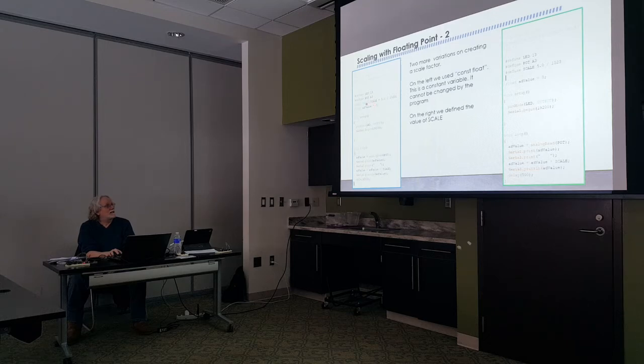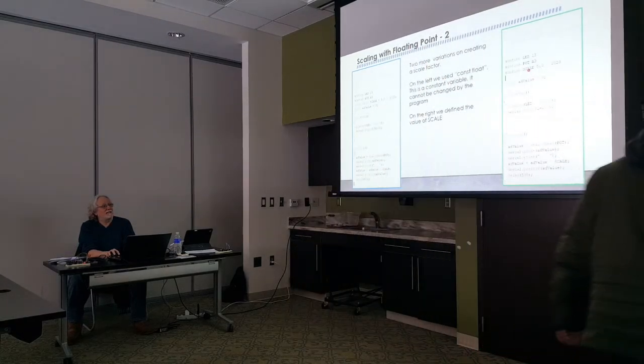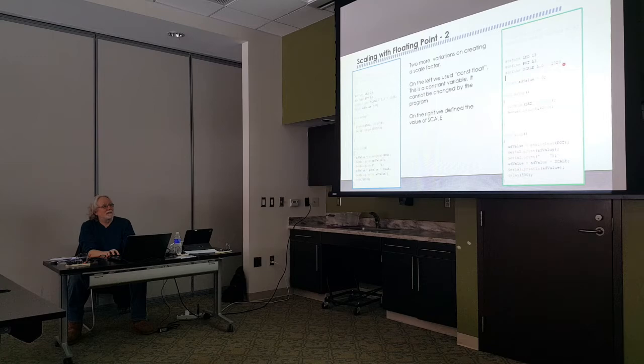Right, so we can create a variable called scale, and if you try to change scale down in the program somewhere, I'm hoping you'd get an error message. I didn't try that. The other thing you can do is you can define scale as being this number. And so now it's also constant, and you can't change it in the program, and it won't take up any memory space.